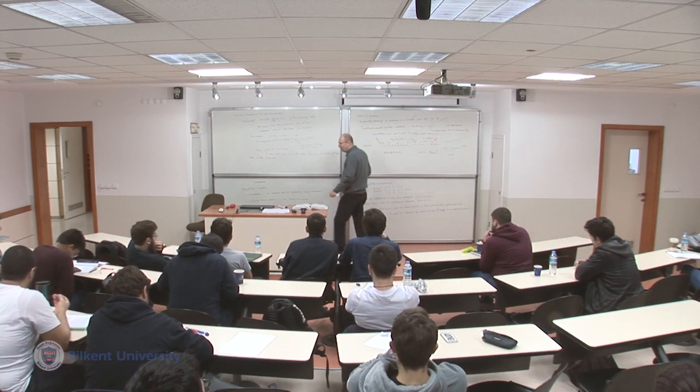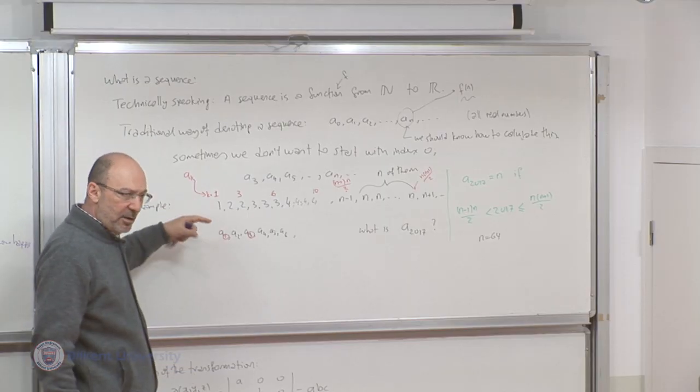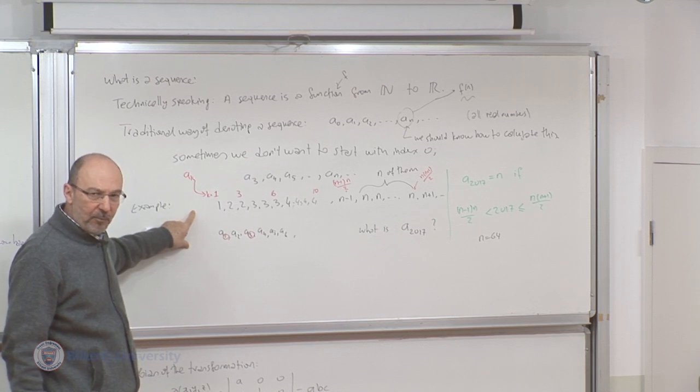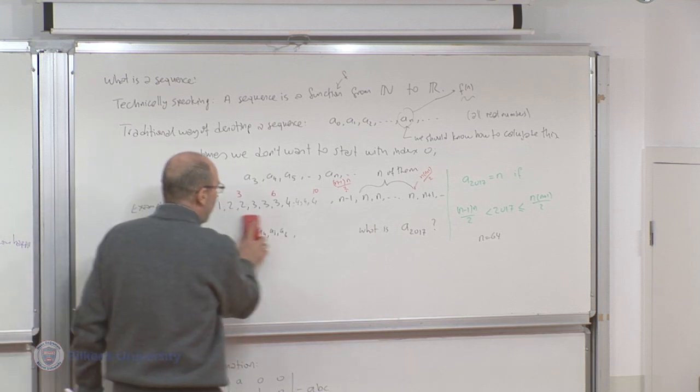So let me mention that also, because to know that the limit is infinite is extra information. Even though the sequence is diverging, we know its behavior. We want to use that extra information.